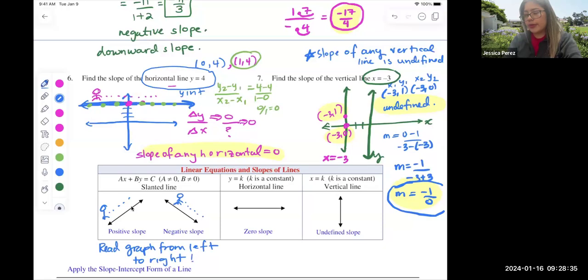So if you're starting high and then you're going low, that's a negative slope. But if you're going from low to up, then that's a positive slope. You have y equal k, a constant, a horizontal line, you have a 0 slope. And then here, of course, your undefined slope is a vertical line. And we just showed that because you get a denominator of 0.